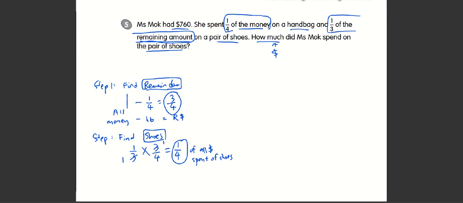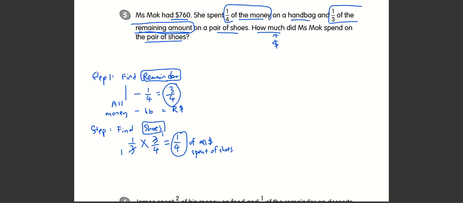Okay, so the last part here, I need to find the shoes in exact how much. Which is 1/4 of all money times all money. All money is $760.